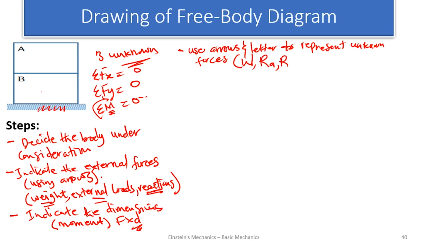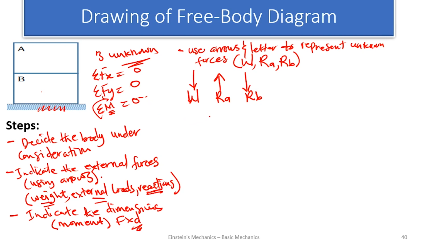A reaction at B, RB. Are we good? And we are going to use arrows to indicate. So for example, we'll draw this and you will see weight, an arrow will come down and I'll say W as the weight. A reaction on top, I can use this arrow and say reaction at A, or something like this, reaction at B. We use arrows and letters to represent unknown forces, which is quite interesting to understand how it works.